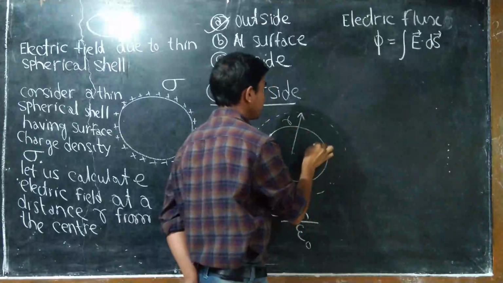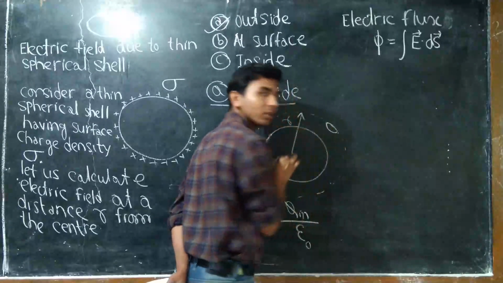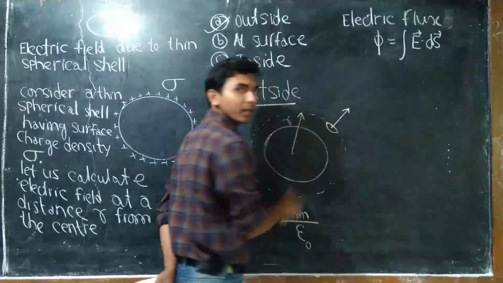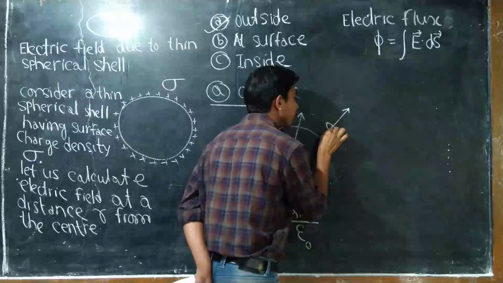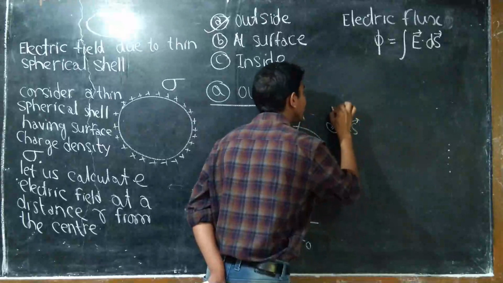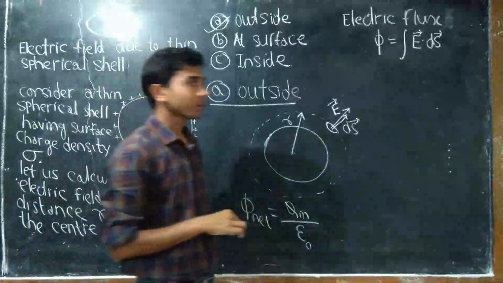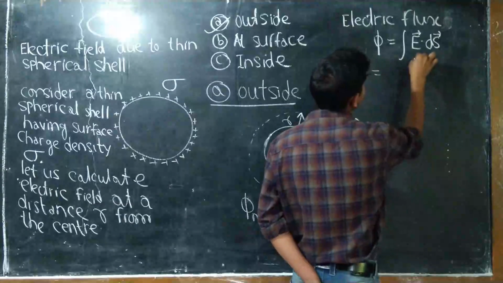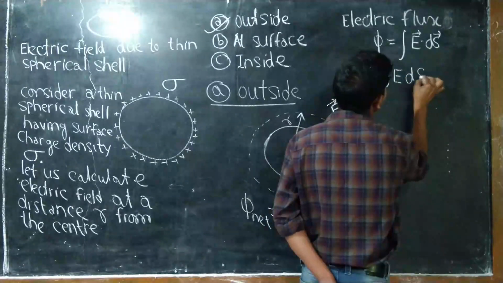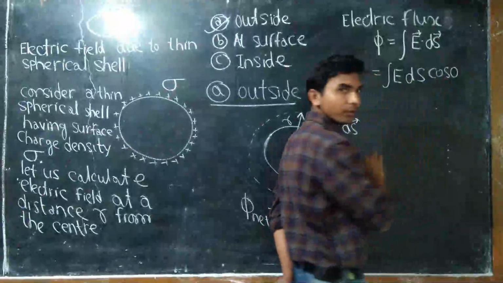Ds is a small surface. On this small surface, the electric field is in this direction and the area vector ds is also in this direction. Both are along the same direction, so the angle is 0. So we can write integral of E ds cos 0, and cos 0 is 1.